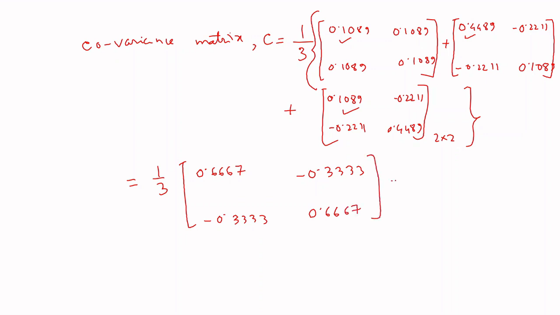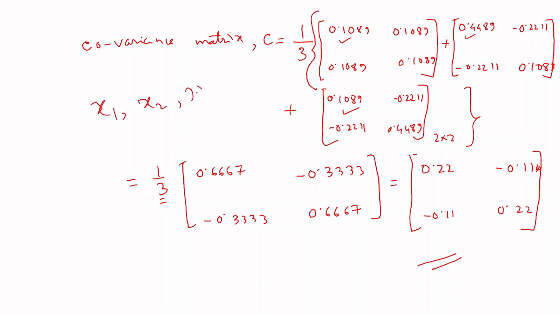After the division by 3, the final matrix, which is my covariance matrix, is nothing but 0.22, minus 0.11, then minus 0.11, then 0.22. This is the final covariance matrix for the given data points x1, x2 and x3.